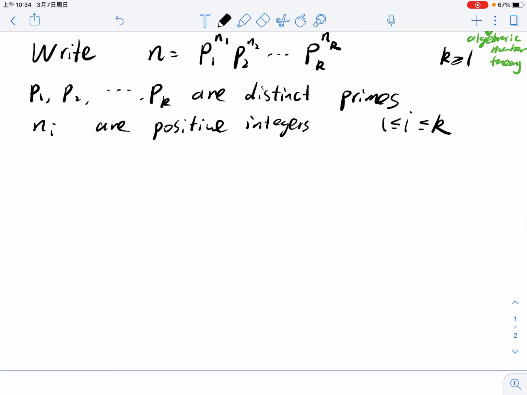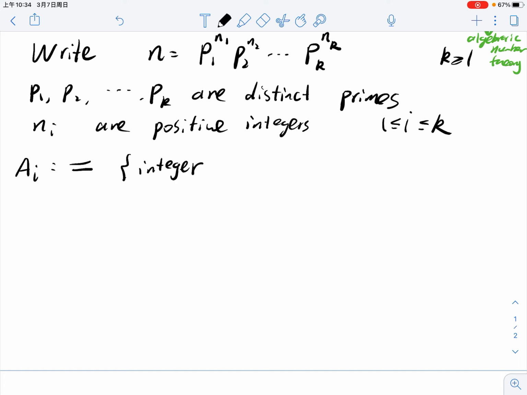And then to compute this, you will see in a moment, it's quite natural to apply the inclusion-exclusion principle. So first we define the subset Ai as follows.